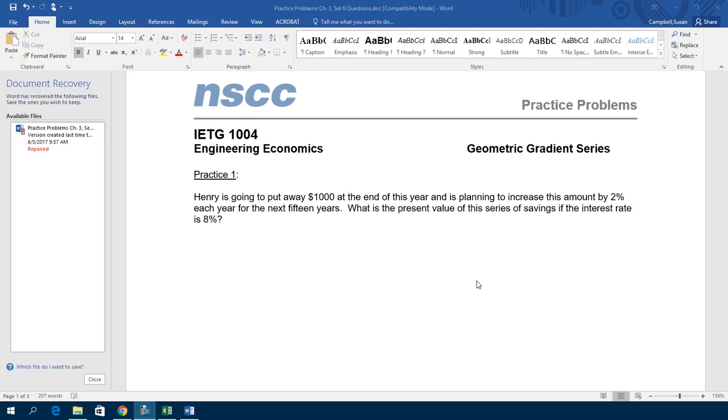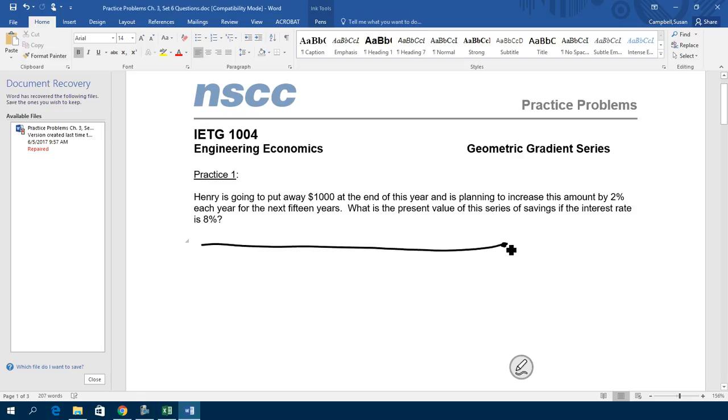What is the present value of this series of savings if the interest rate is 8%? Okay, so what do we have here? We're talking 15 years again. We're starting at year 0 or now, and of course end of period convention says that we're going to start.